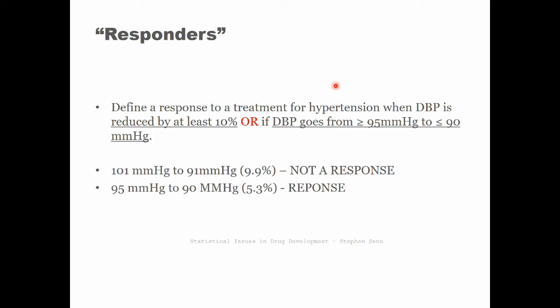And so then you would have these weird situations where a 9.9% drop would not be counted as a response, whereas this 5.3% response would be. It's kind of silly, this concept of who's responding. It's an unnecessary categorization of a continuous thing. And so it comes with all of these consequences that people don't really understand or think through.